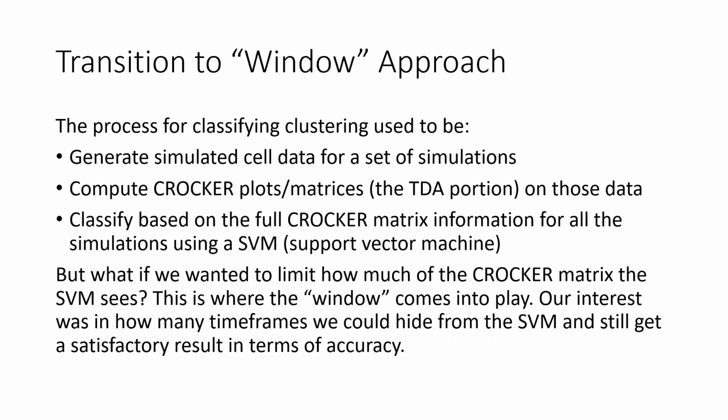The way a Crocker plot or matrix works is it has that scale parameter on the y-axis, at least in the way we're plotting it. So as you go up the Crocker plot, you're seeing a larger disk around each of the points.